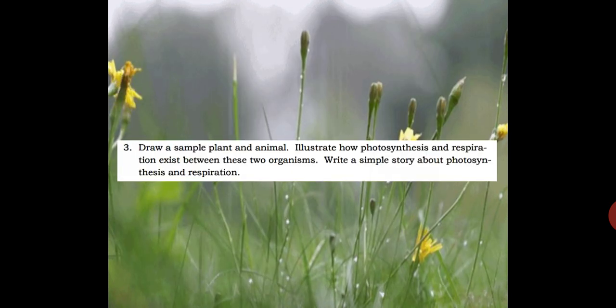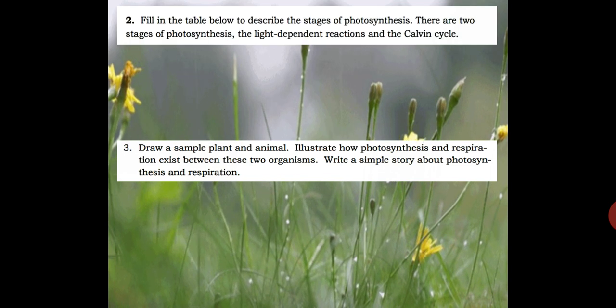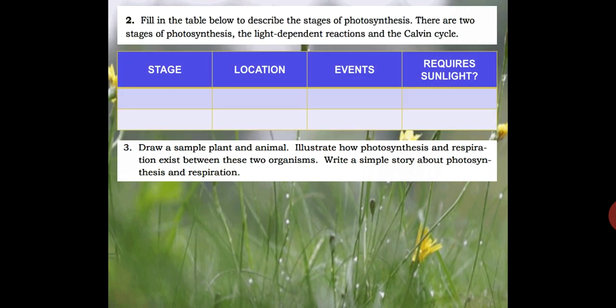Then, you are going to fill in the table below and describe the stages of photosynthesis. There are 2 stages of photosynthesis, the light-dependent reaction and the Calvin cycle.